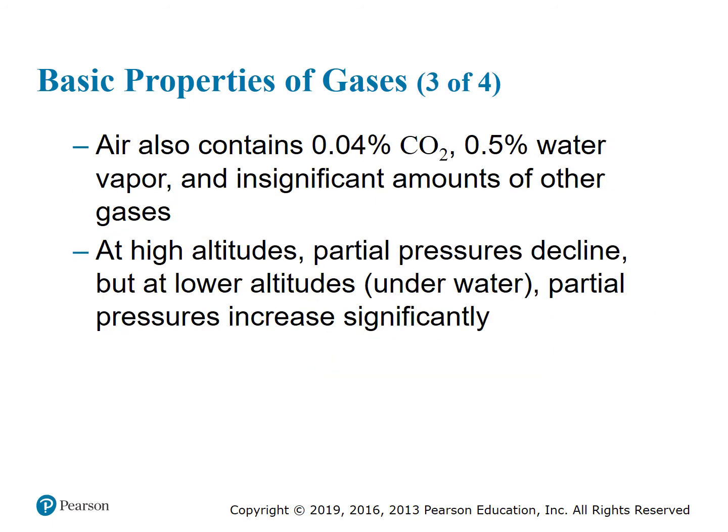Air also contains 0.04% carbon dioxide and 0.5% water vapor and insignificant amounts of other gases. At high altitudes, partial pressures decline, but at lower altitudes, like underwater, the partial pressures increase significantly.